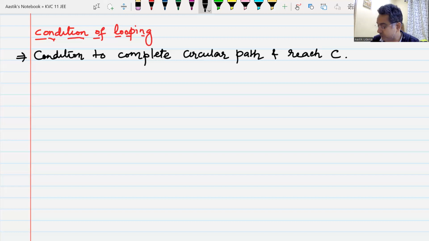The condition is tension at point C should be greater than or equal to 0, because if tension at any point between B and C becomes 0, it will leave the circular path and follow projectile motion.